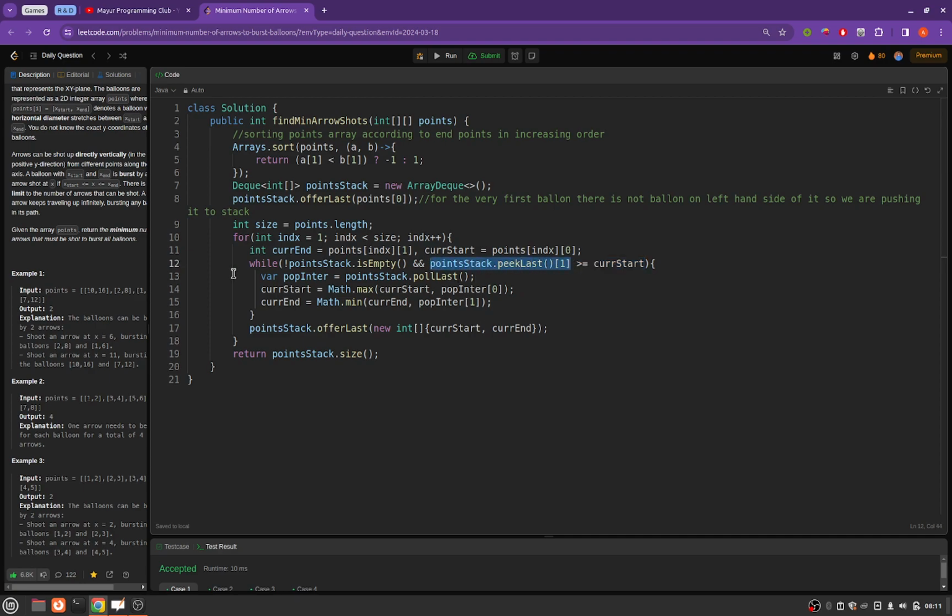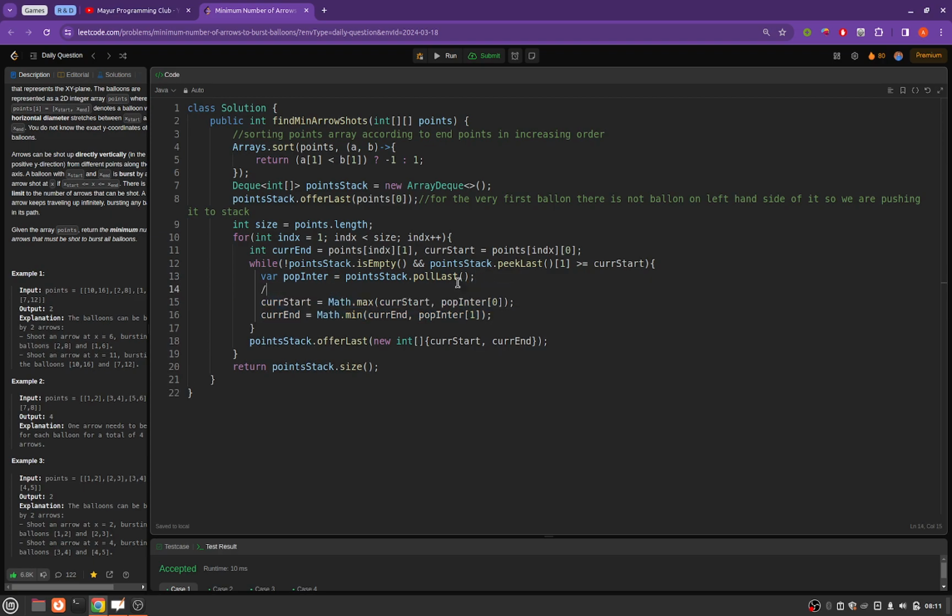Whenever your previous end is greater than the current start and your stack is also not empty, then you will do these two operations. You will be taking the value that is on the top of the stack and doing these two operations to find out the common region.